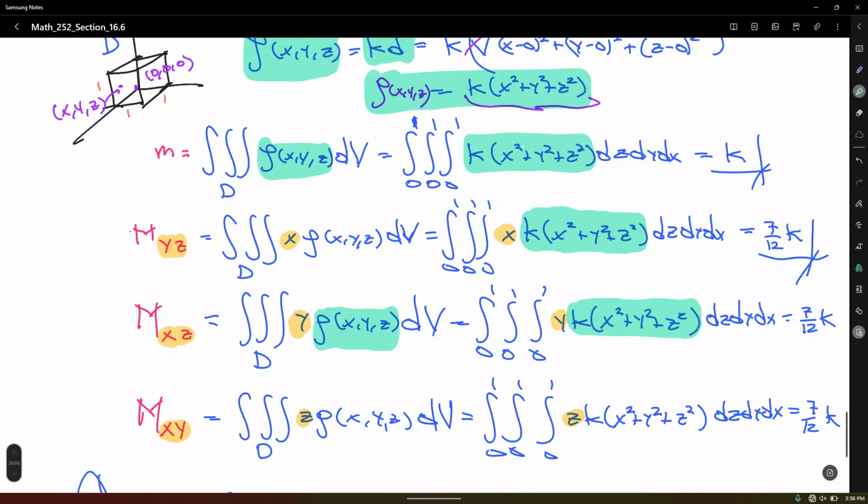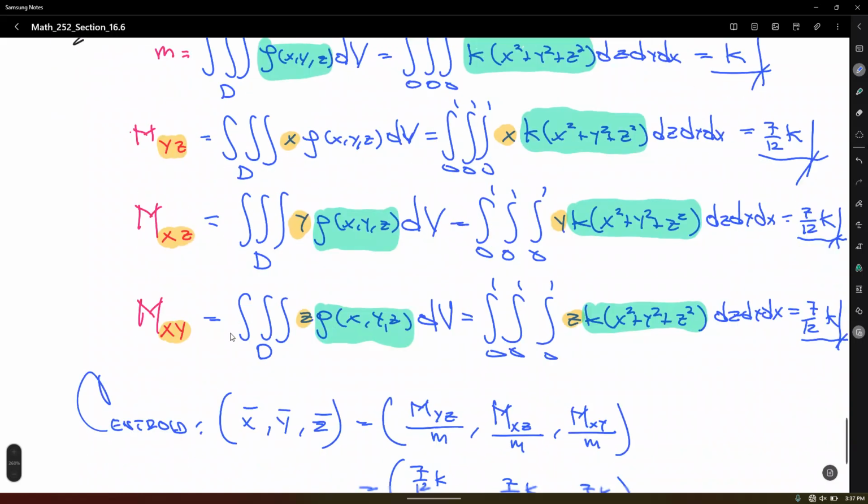So that's going to give us another 7k over 12 for the moment about x and z, which involves a distance y, and also for the moment about x and y, which involves a distance z, that will also give us 7k over 12.